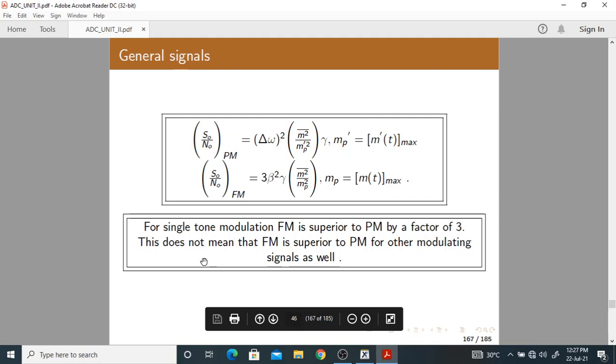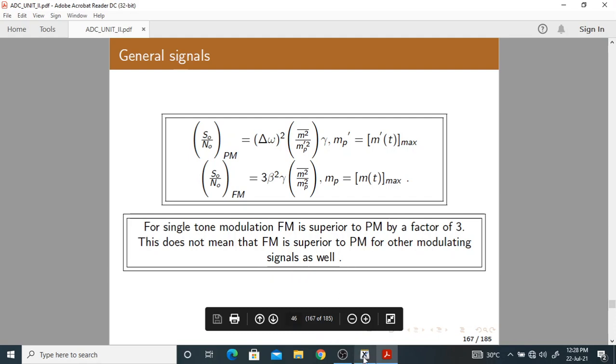But it is only true for tone modulation. For single tone modulation, FM is superior to PM by a factor of 3. This does not mean that FM is superior to PM for other modulating signals as well.